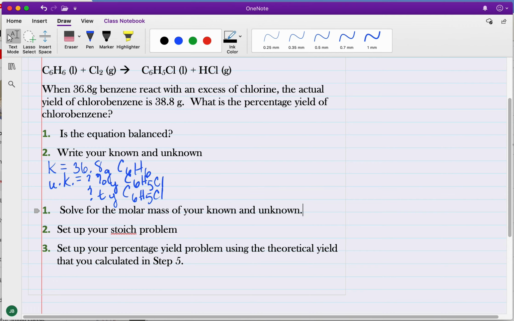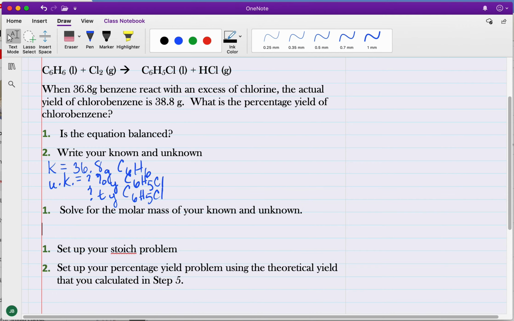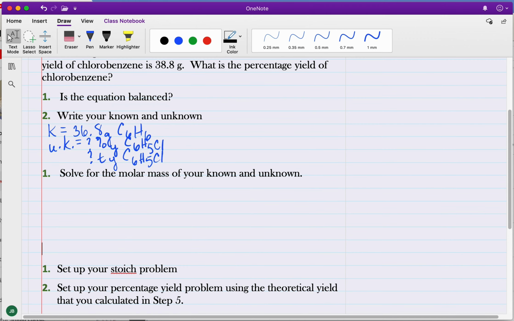So the next thing that we are going to do is solve for our molar masses of our known and our unknown. So let's start with the benzene, which is made up of carbon and hydrogen. 6 carbons and 6 hydrogens.